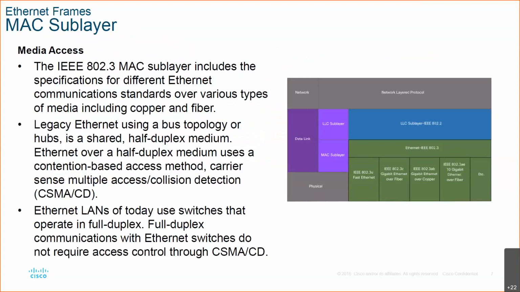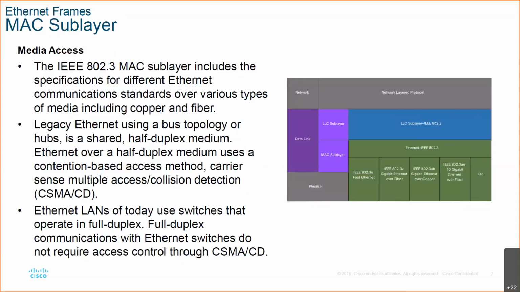Now, as we studied earlier, if you're using legacy Ethernet like bus topology or a topology which uses old hubs, then you use a half duplex medium. In half duplex medium, you have to wait until you can send your data. Just now we studied CSMA-CD and CSMA-CA.